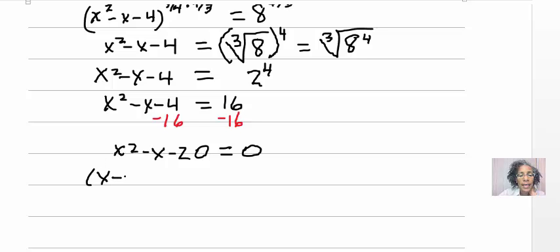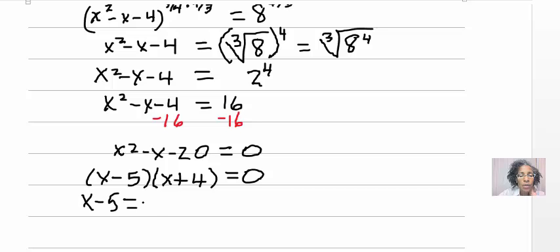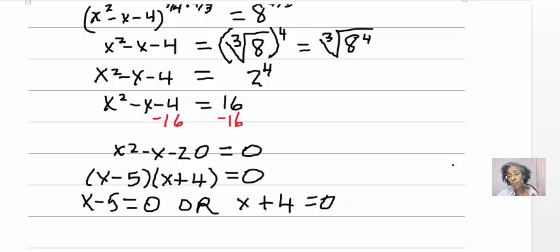So I can factor that. The factors are x minus 5 times x plus 4. So x minus 5 is 0, or x plus 4 is 0. It's possible both of these might work.